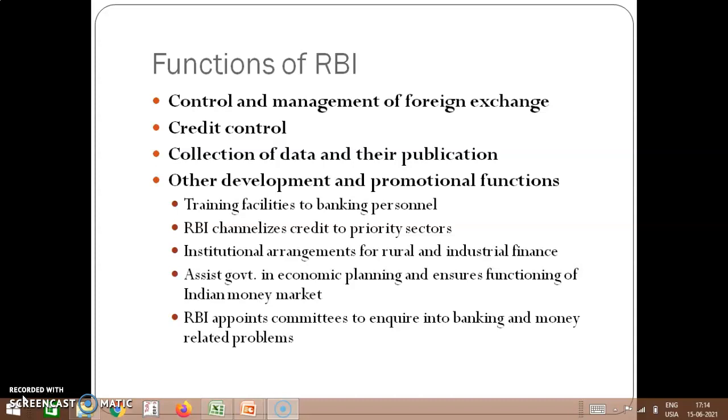Then also RBI collects data and publishes them through journals. RBI also collects statistical data and economic information through their Department of Economic Analysis and Policy.